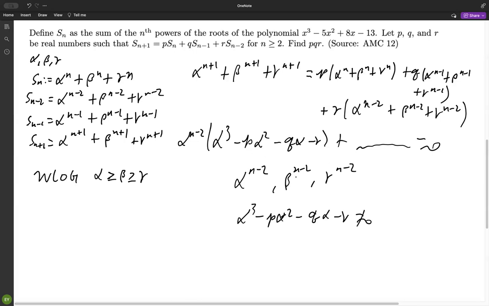However, notice that alpha, beta, and gamma are constant, meaning alpha to the power of n minus 2 and the other terms are going to increase or decrease exponentially depending on the values for n, because n is the variable here. Which means for this equation to be always true, it should be true for all values of n.